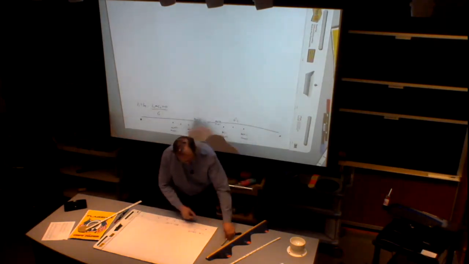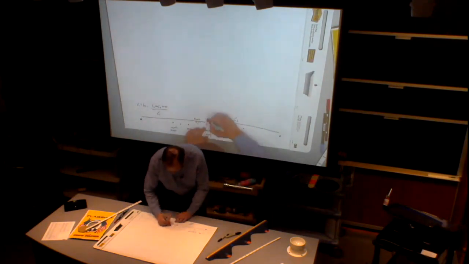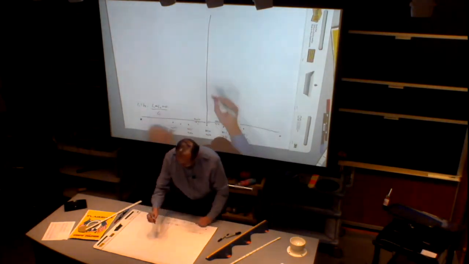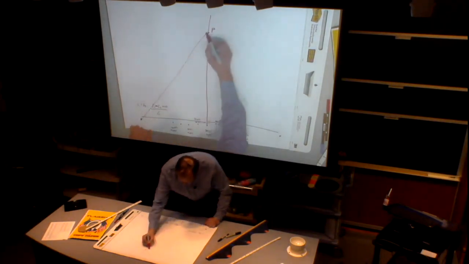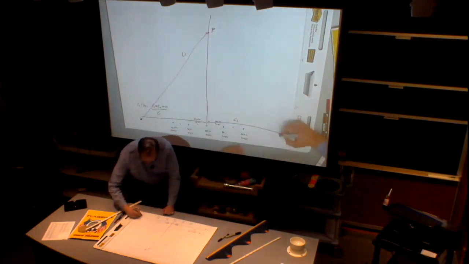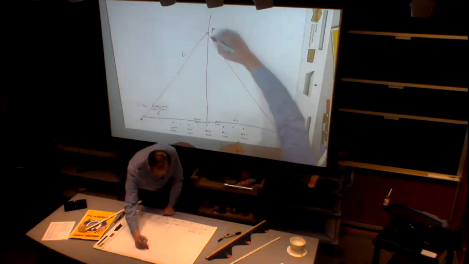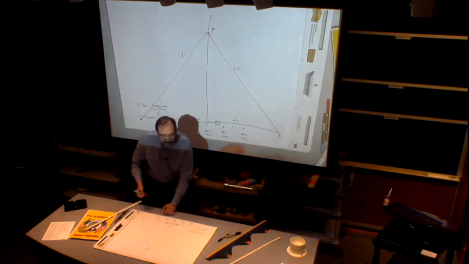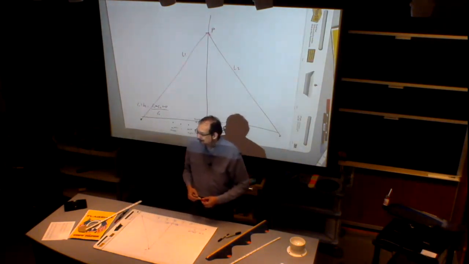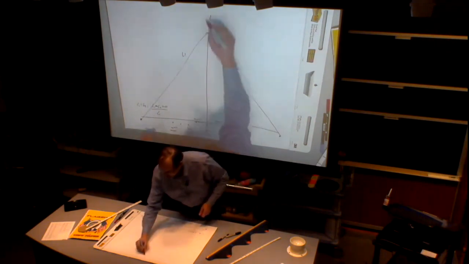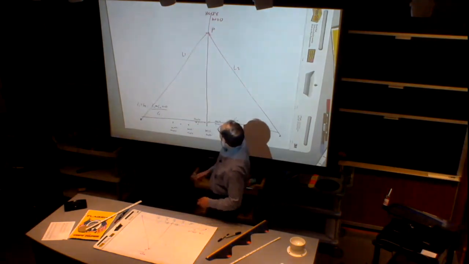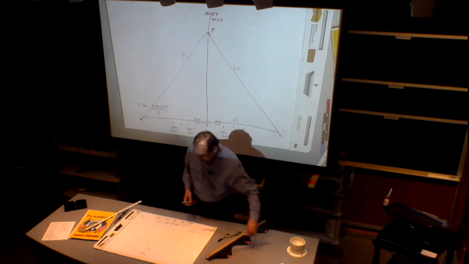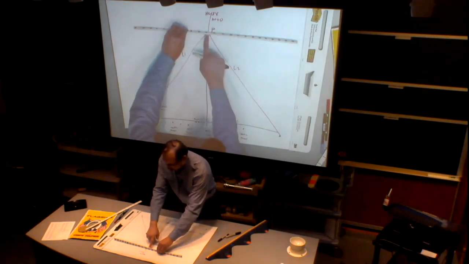I can pick any point P, and the waves traveling from both sources to this point will travel exactly the same distance, will always be in phase, will always produce the maximum, which we call central. So if I place a screen here and look at it, I will see the bright spot.